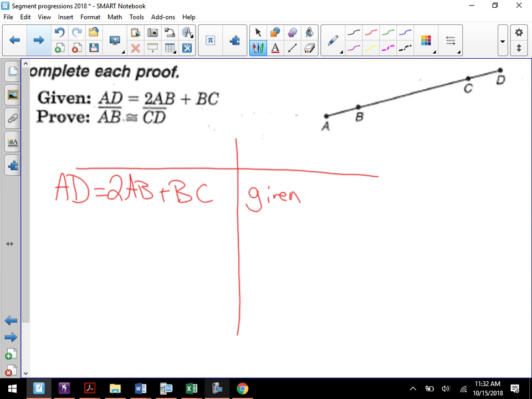What is AD made up of? AB, BC plus CD. If you look at the diagram, I also know that AD is AB, BC, CD. And why can I add three smaller segments to get a larger? What property did you just use? Segment addition. Okay. Or I should say property reason. It was segment addition.